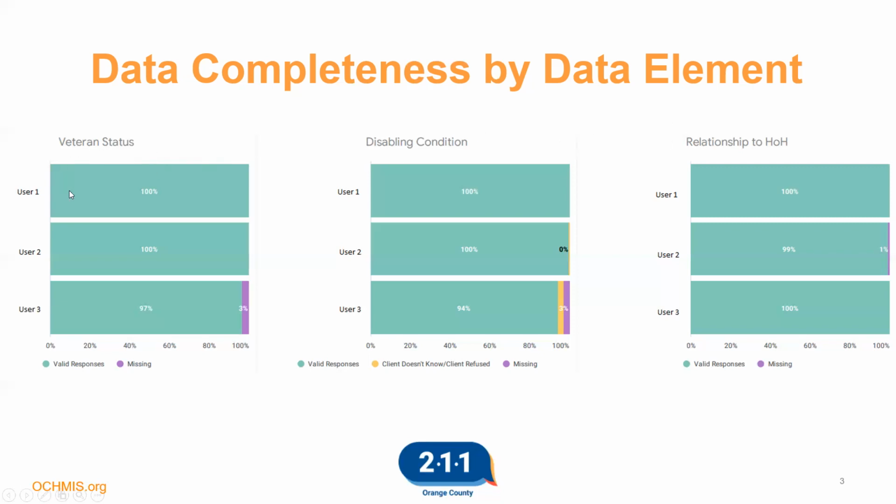And then there would be a separate bar for each user at your agency that contributed data during whatever the reporting period was. And then you'd be able to see if the responses were valid or missing or don't know, refused. So that's one option for how we can look at data by user.